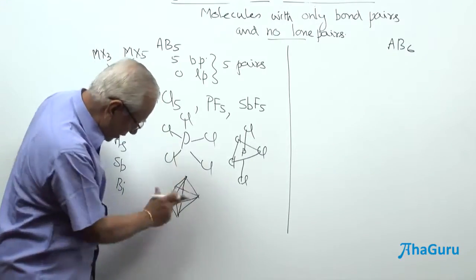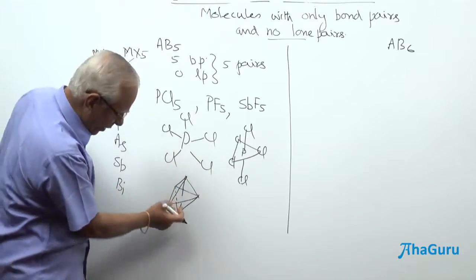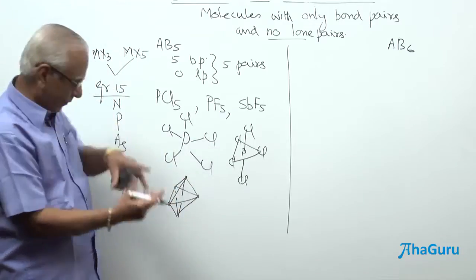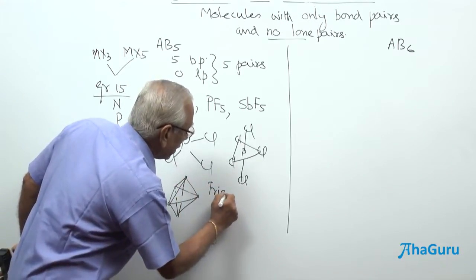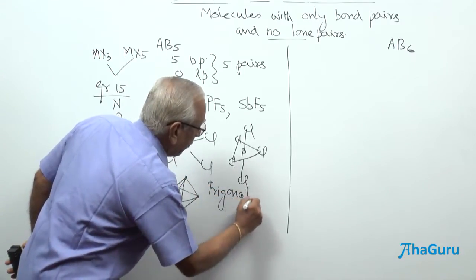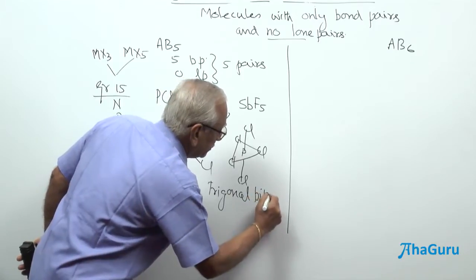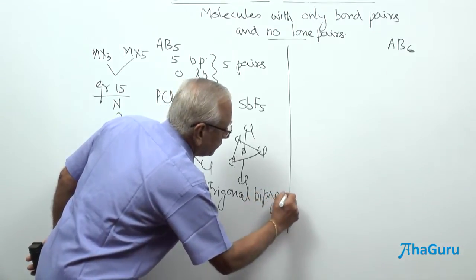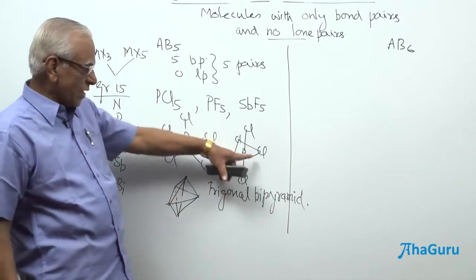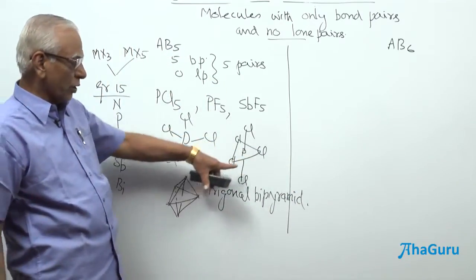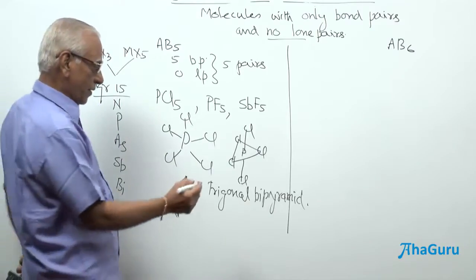So 2 pyramids, each one is going to be a trigonal pyramid, and they are fused together at the bottom. Therefore, this is an example of trigonal bipyramid. So phosphorus pentachloride has got a trigonal bipyramidal structure.